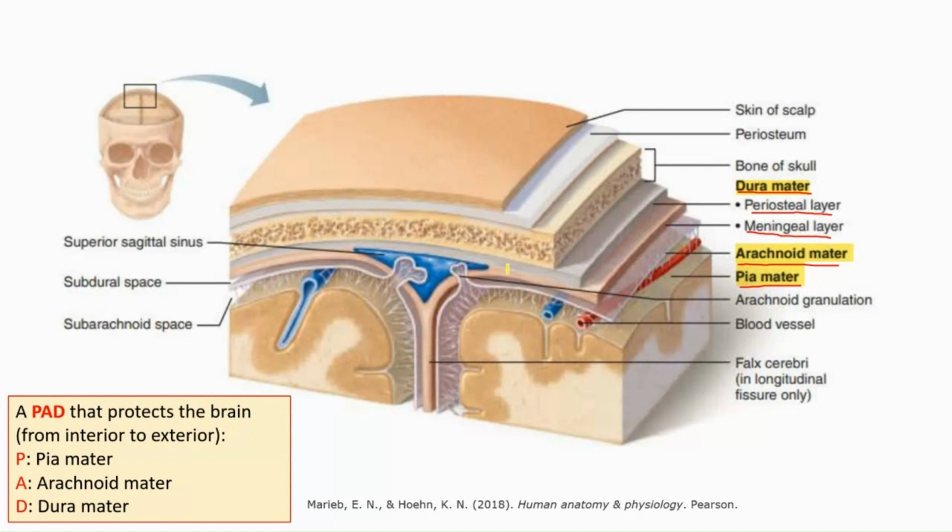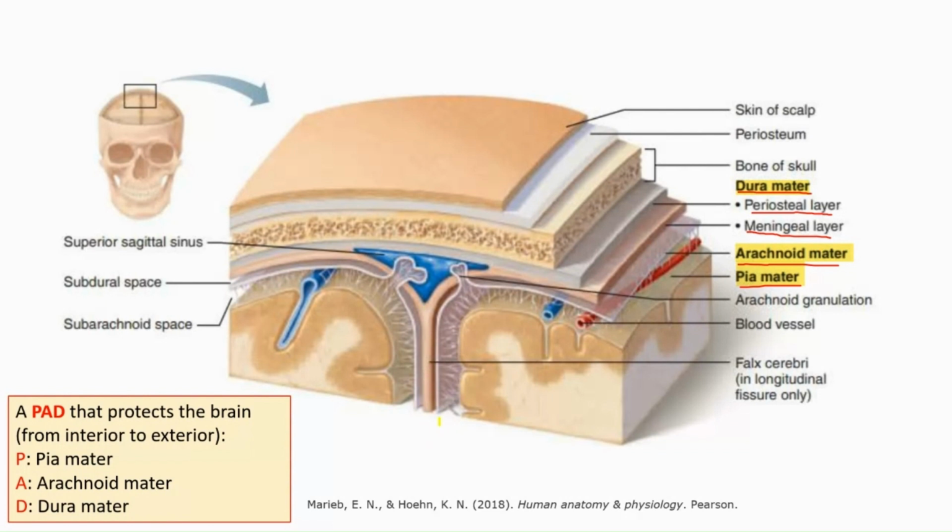So here you can see that we have two important layers and two unique structures formed by the dura mater. These are the dural sinuses at the points of separation and the dural partitions formed only by the meningeal layer. As you can see here, the periosteal layer doesn't go down. It's only the meningeal layer that moves caudally.